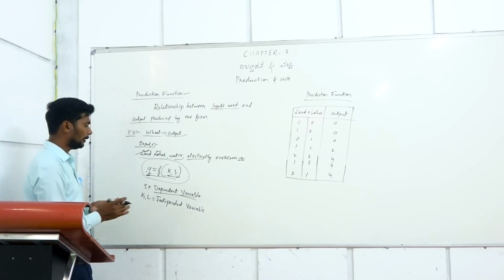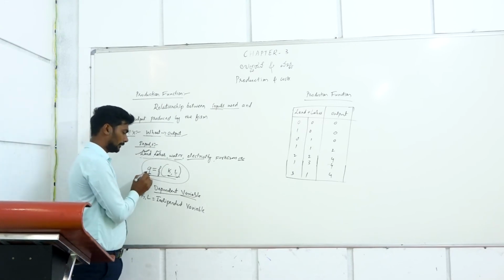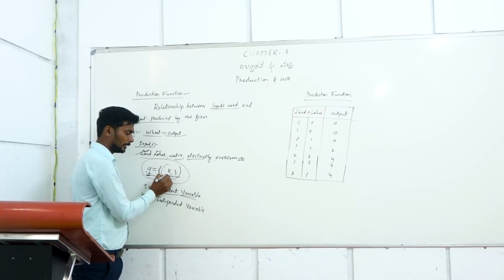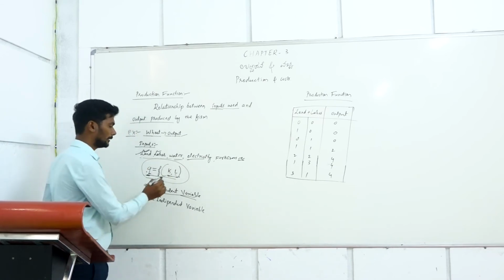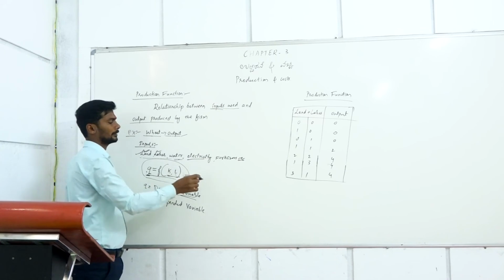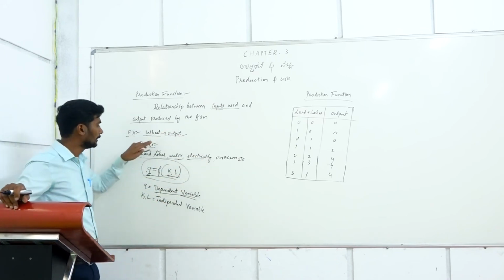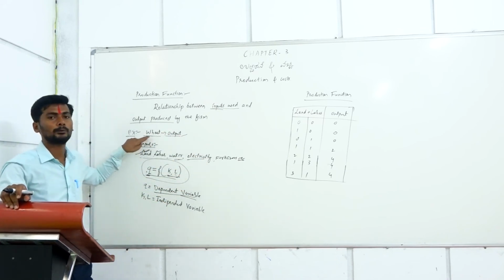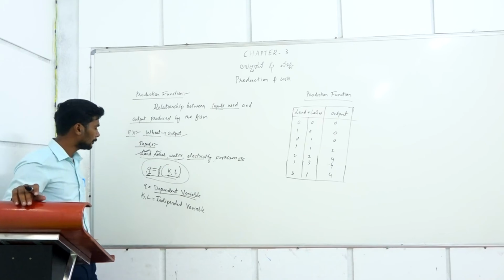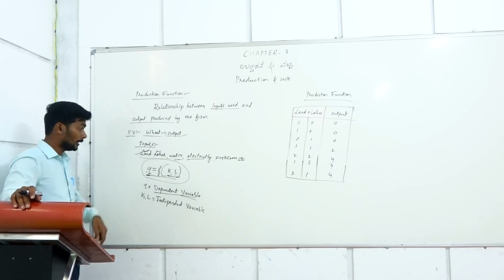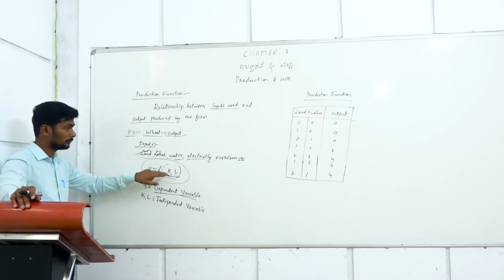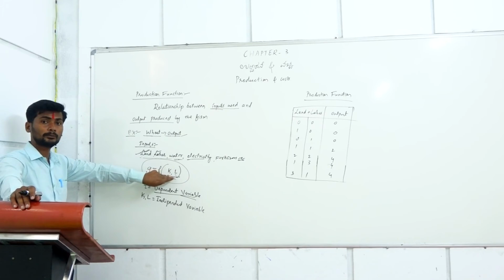In order to increase the level of output, the amount of inputs, that is K and L, land, labor, water, electricity, should be increased. So in order to increase production, both inputs should be increased.